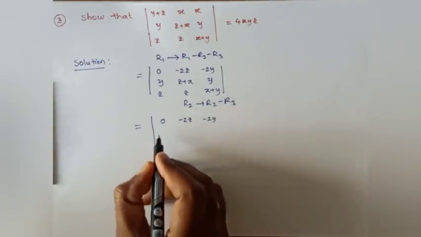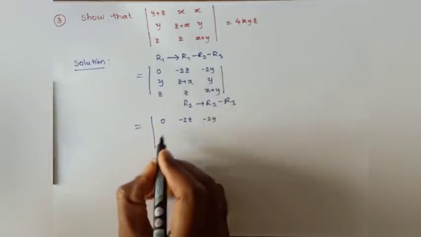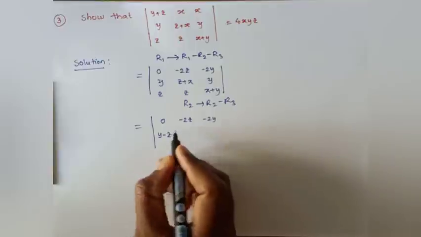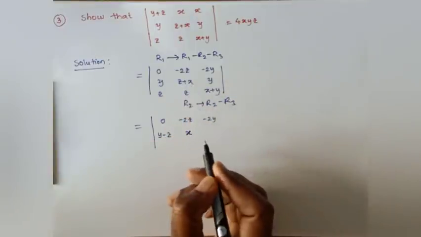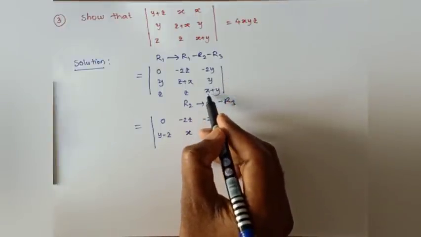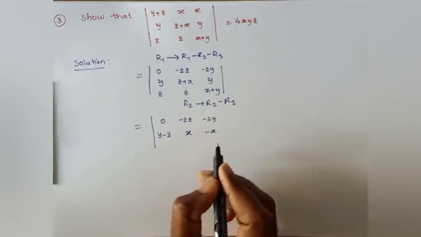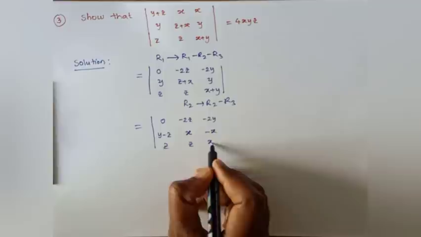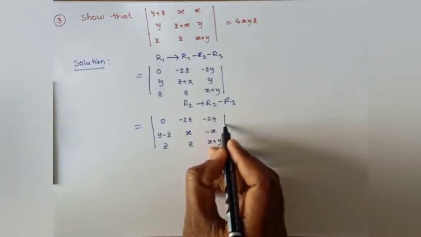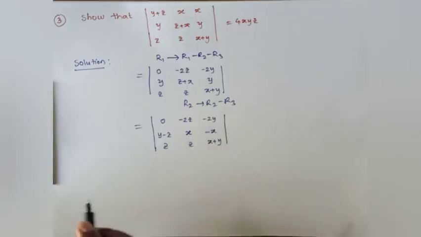There is a change in the second row, that is row 2 minus row 3, right? So y minus z, this is y minus z, z plus x minus z means x only, y minus x minus y, it is minus x. Now no change in the third row, since we are applying the row operation only for the second.